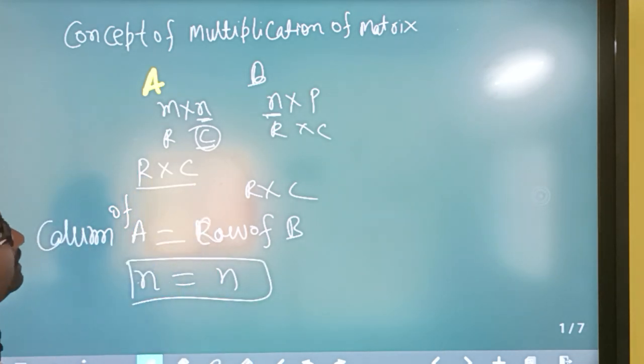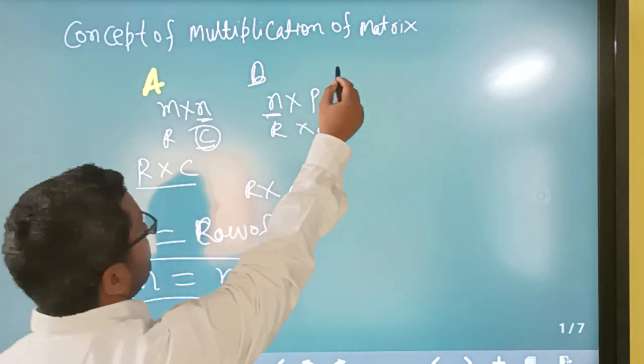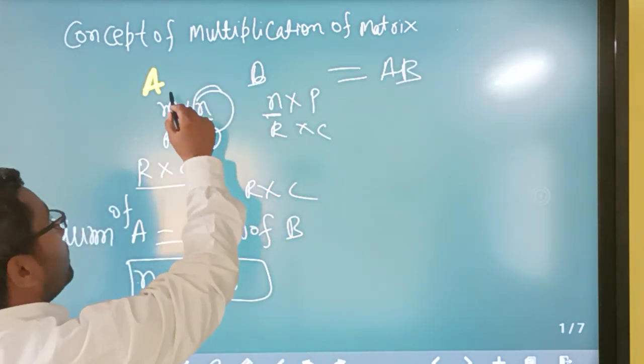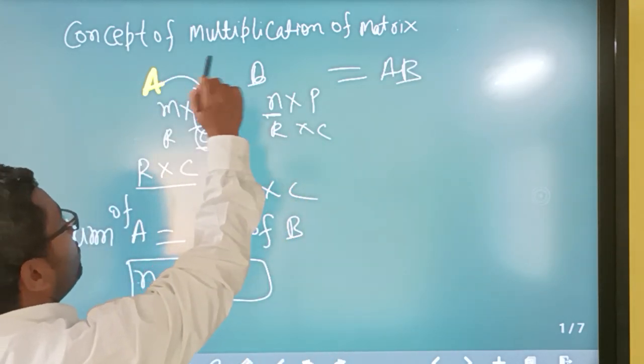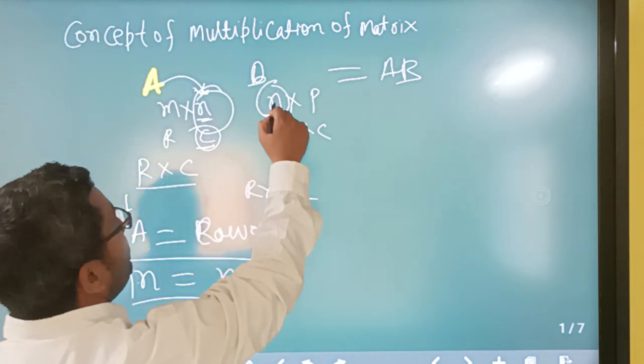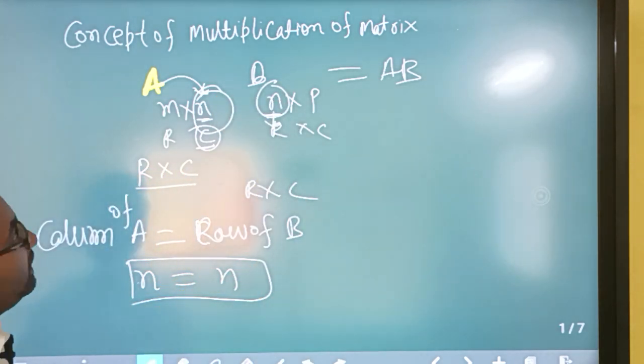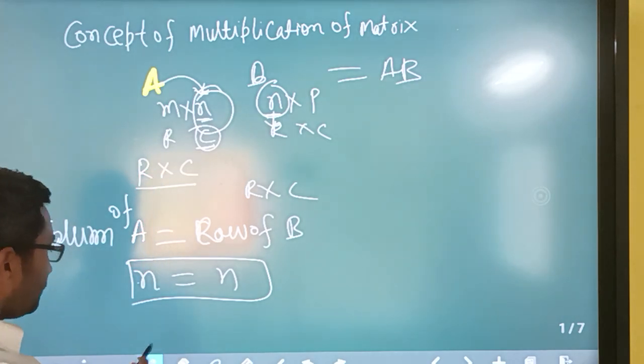When two matrices have the product AB, the columns of the first and the rows of the second should be equal. That is the condition for multiplication of two matrices.